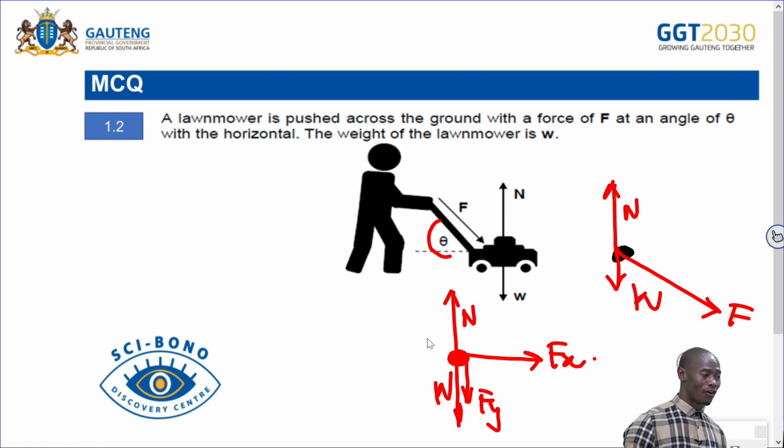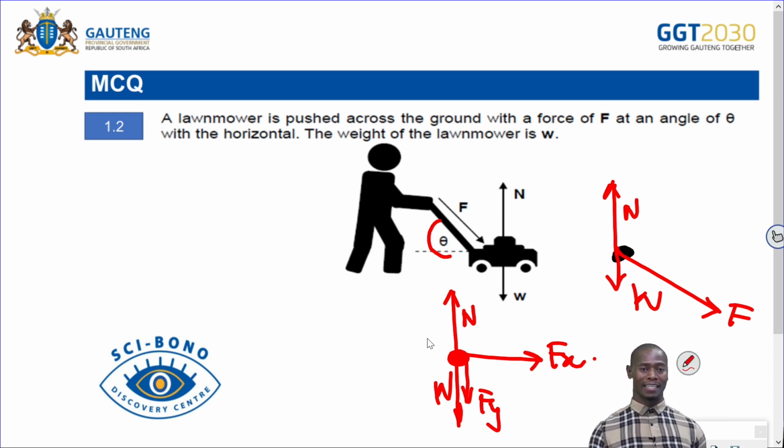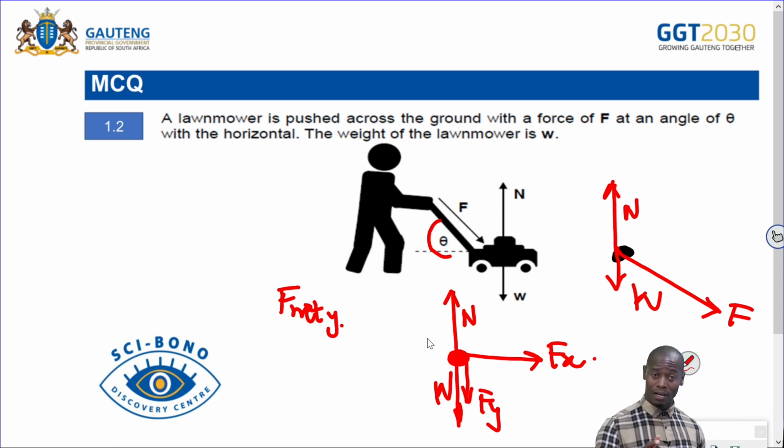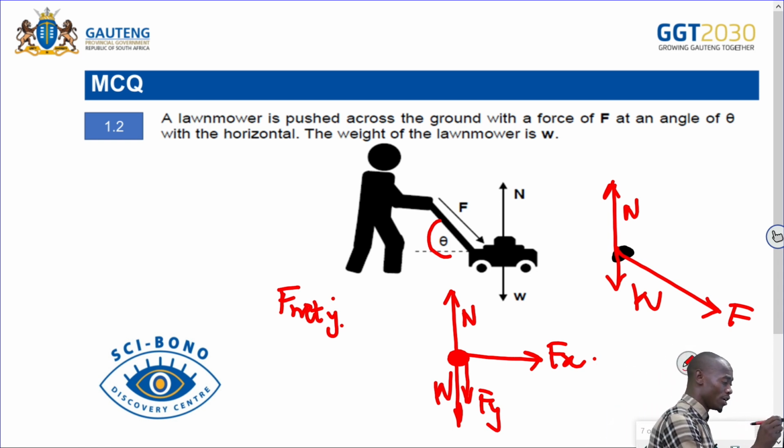So this object moves horizontally. The forces that are acting vertically, the forces that are perpendicular to the plane, their net force will be 0 newtons, right? So here I will say F net for the vertical forces will be normal force minus weight minus Fy.